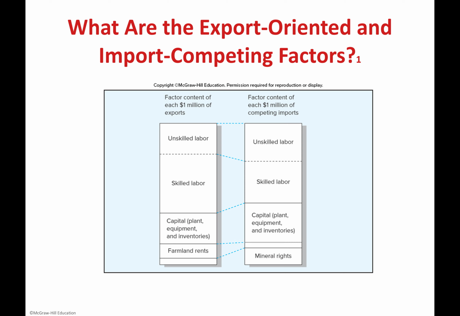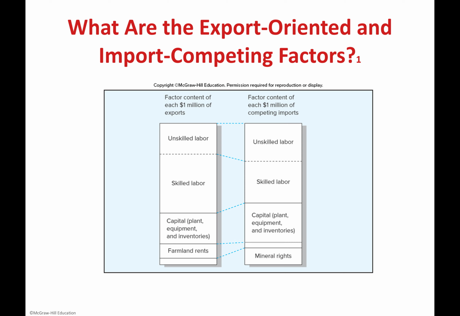So in this diagram, we can see the factor content of each $1 million of exports and the factor content of each $1 million of competing imports. So in the US case, you can see the unskilled labor is lower, but the skilled labor is higher compared to those produced abroad.